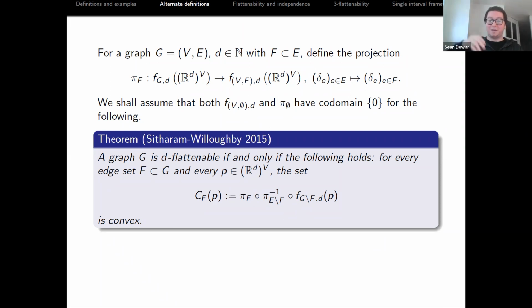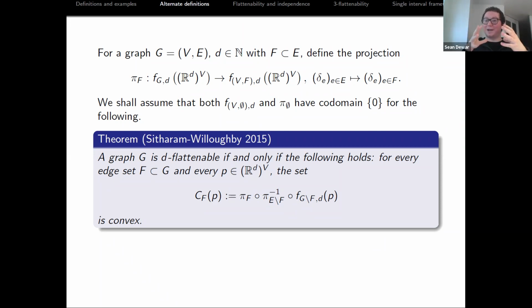So given a set of edge lengths, ignoring the edges in F, we've projected up into the set of realizations with all the edge lengths of G. So we're going to have all the possible d-dimensional edge lengths which have the set of edges E equal to the edge lengths of P and the rest of them.